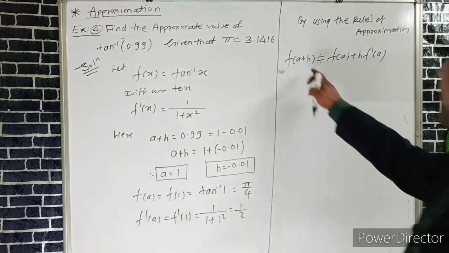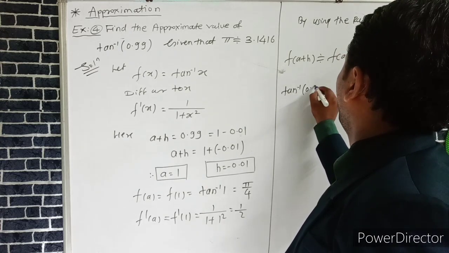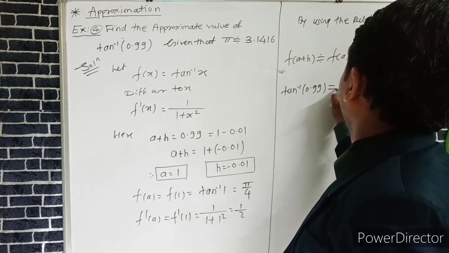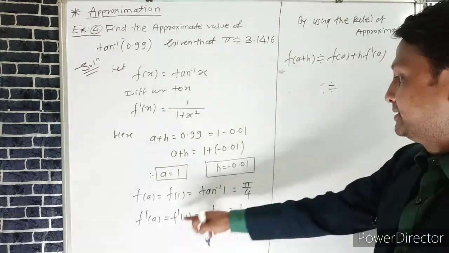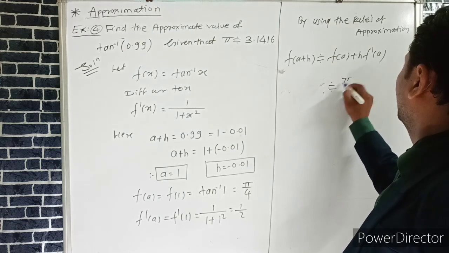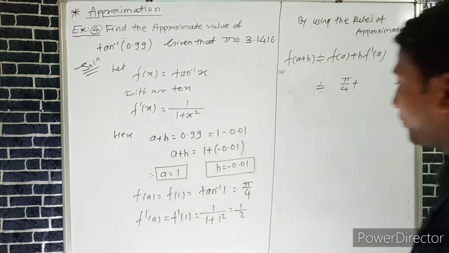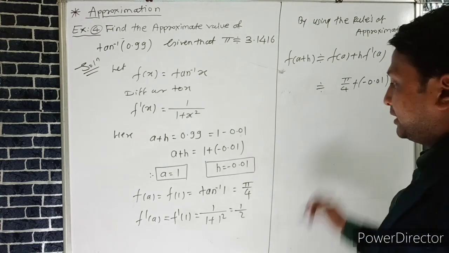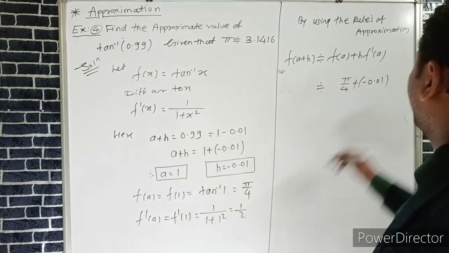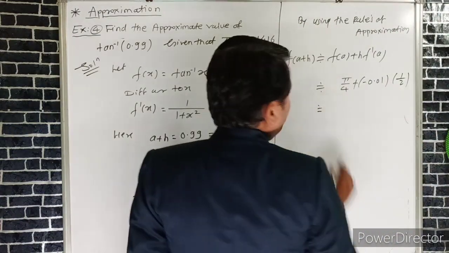The value of f of a plus h, meaning tan inverse of 0.99, is approximately f of a, which is pi by 4, plus h, the very close value, which is minus 0.01, into f dash of a, which is 1 by 2, or 0.5.